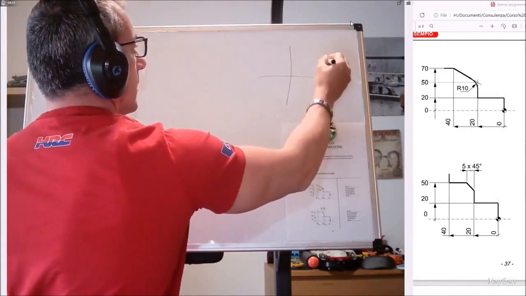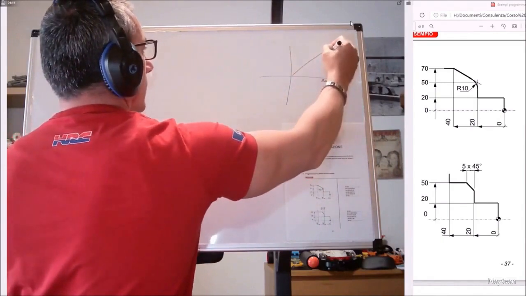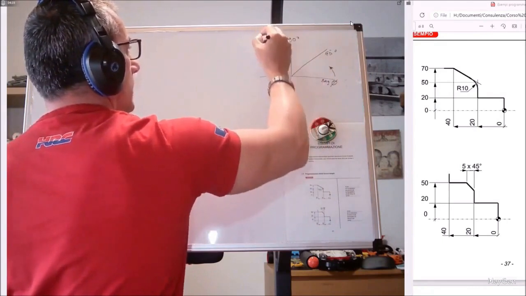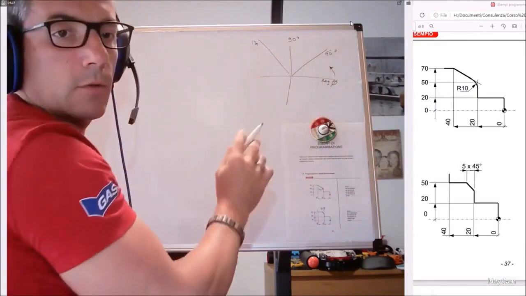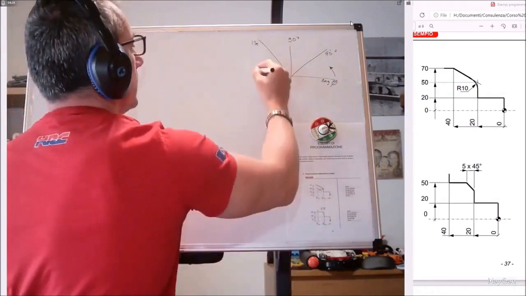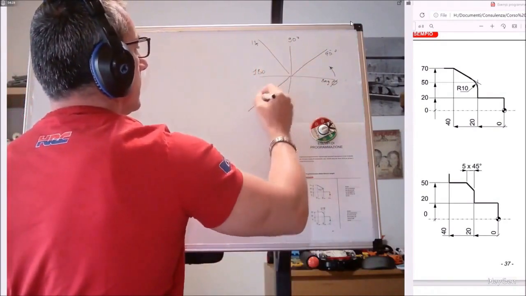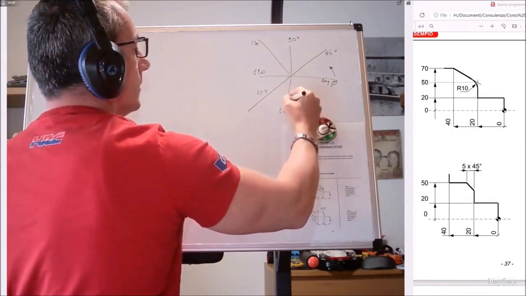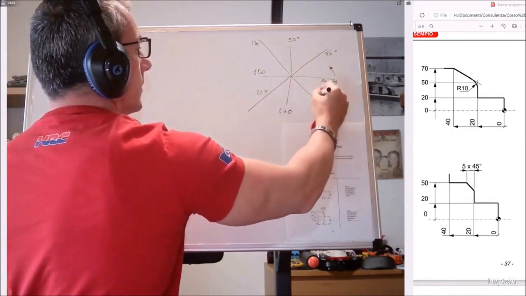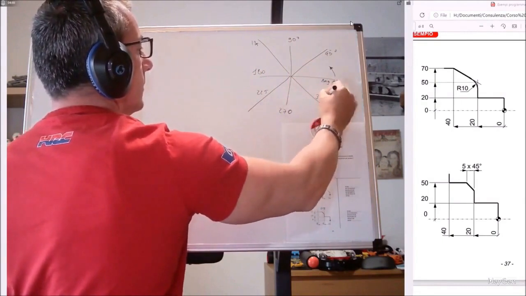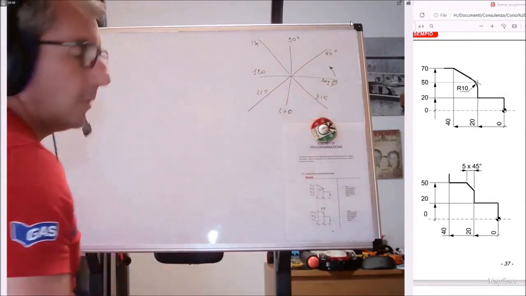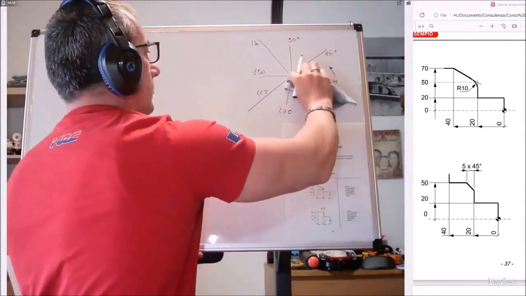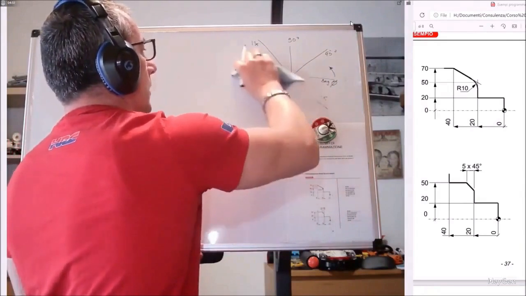So this will be 45 degrees, this will be 90 degrees, this 135. 135 is the angle I will use to make most of my chamfers. 180 degrees, 225, and approximately 315 if I want to give the degrees in a negative way, which can be convenient when I do operations going back.